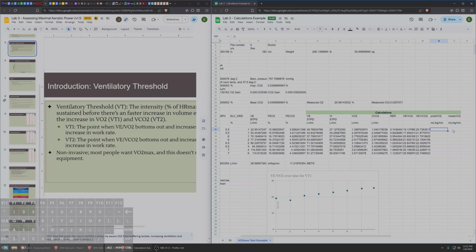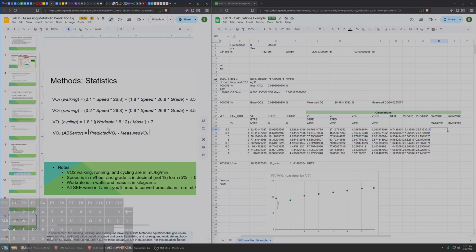Alright, so now we come to predicted VO2 stuff. This is going to be recalling from our previous week in Lab 2. In Lab 2 we looked at predicting VO2 based off of walking speed, running speed, and cycling, and compared it to what was measured. We want to see, are we in the ballpark? With that protocol in Lab 2, we had you exercising for 6 minutes, taking the last 3 minutes of measurements.